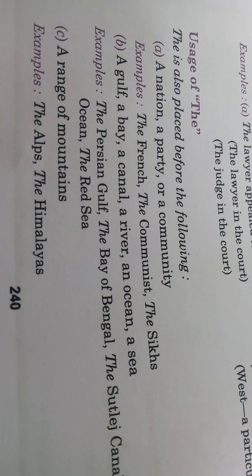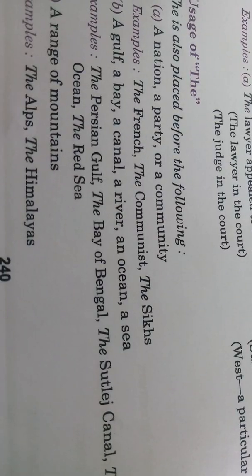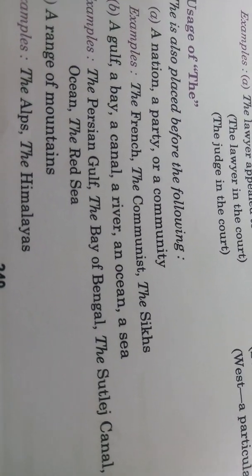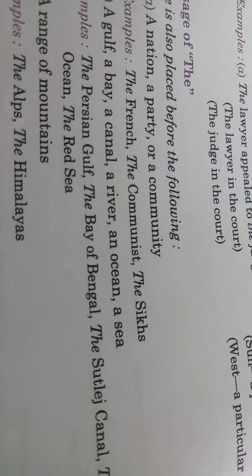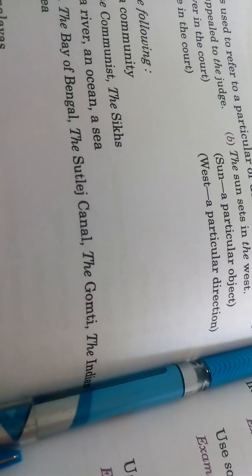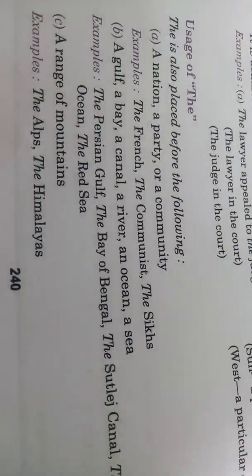A gulf, a bay, a canal, a river, an ocean, and a sea. Before the names of these, we have to use the, like the Persian Gulf, the Bay of Bengal, the Satluj Canal, the Gomti River, the Indian Ocean, or the Red Sea.